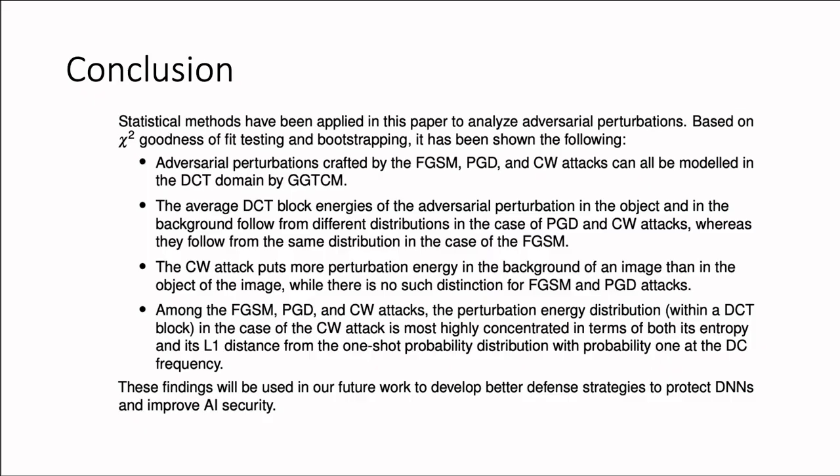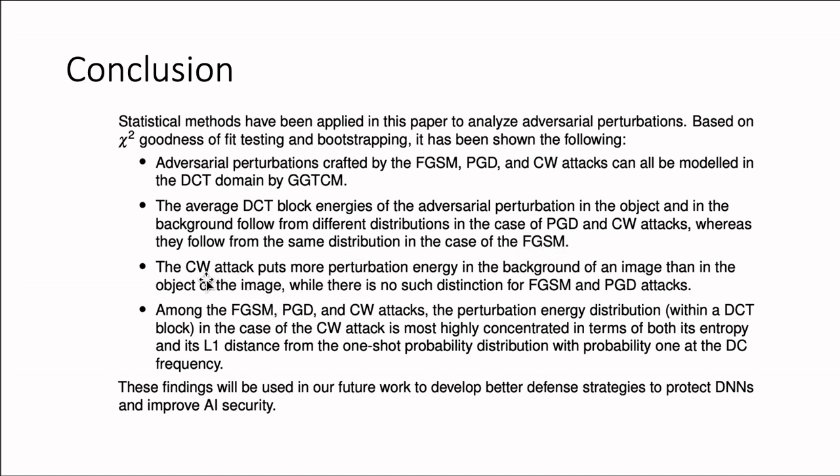In conclusion, using this statistical method in this paper, and based on chi-squared goodness-of-fit testing and bootstrapping, we can conclude the following: the adversarial perturbation crafted by the FGSM, BGD, and CW attacks can be modeled using the GGTCM, and the average DCT block energies of adversarial perturbation energy in the object and the background follow different distributions for the BGD and CW, whereas they follow the same distribution for the FGSM.